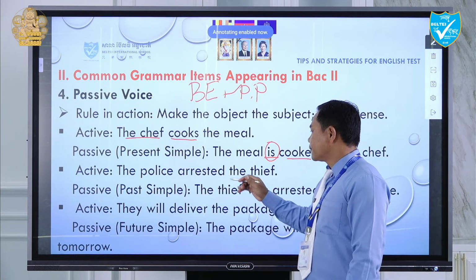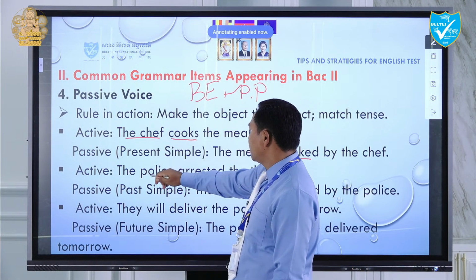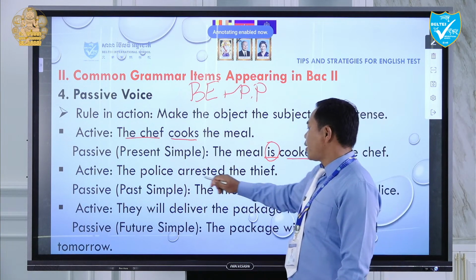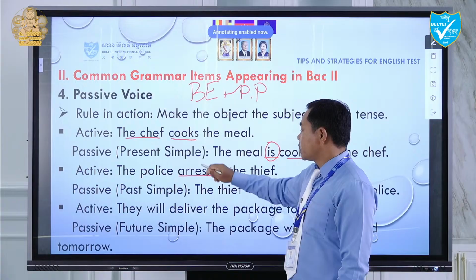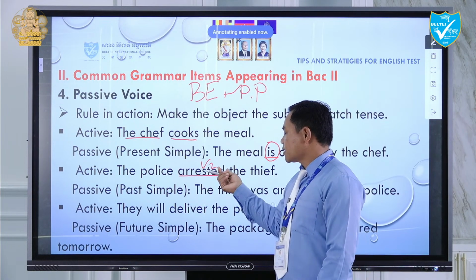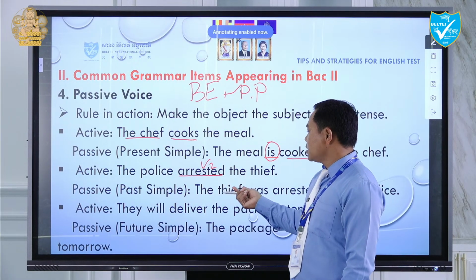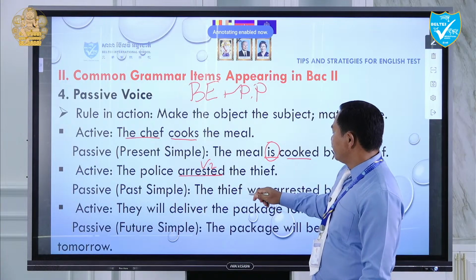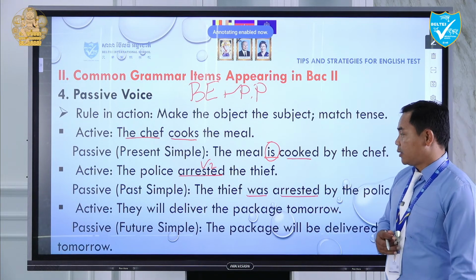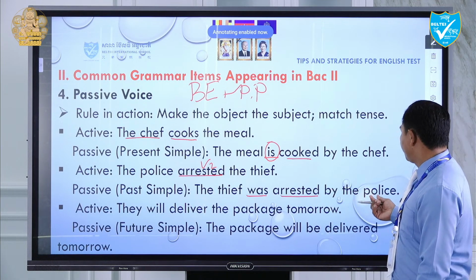Another passive is the past passive, past simple passive. The police arrested the thief. So arrested is the past simple tense, which uses verb 2. If the active is in past simple, the passive is also past simple. So in past passive, we use was plus past participle. Example: the thief was arrested by police.